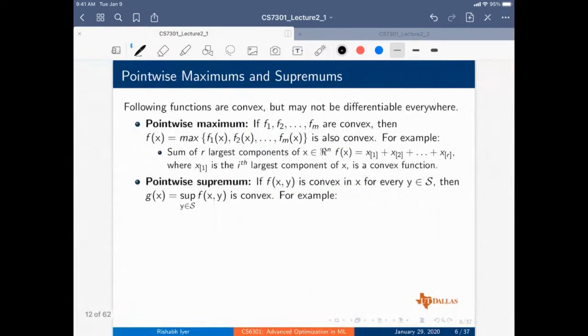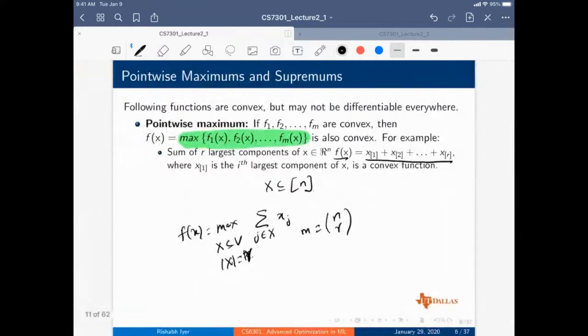Okay. So the same actually extends to pointwise supremums as well. Instead of going into the math, I'll just give the main intuition. You are taking the sum of the r largest components of x.